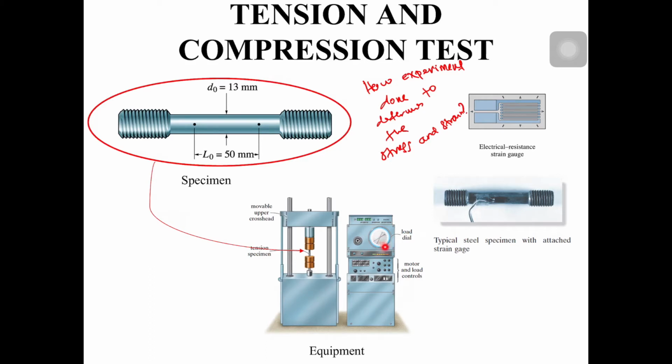We read the load here, and the load is measured in Newtons. And then what about the elongation? The elongation is measured using the strain gauge. We put the strain gauge here to measure how much it elongates.